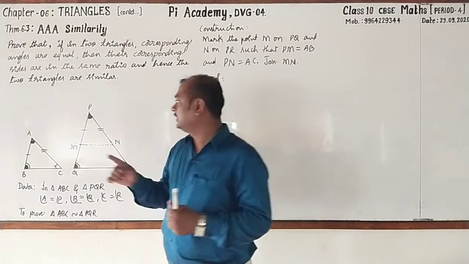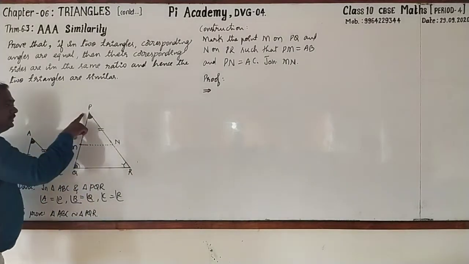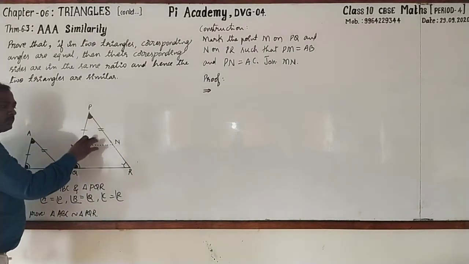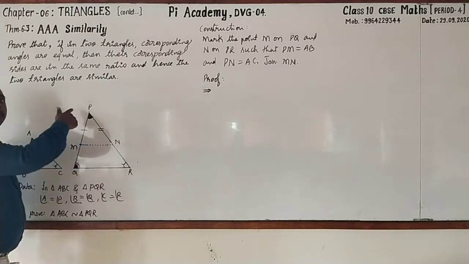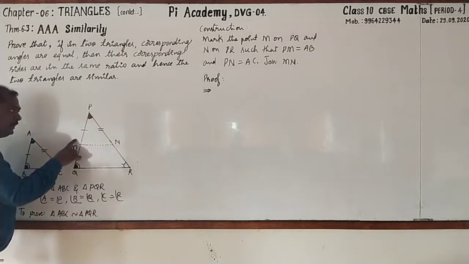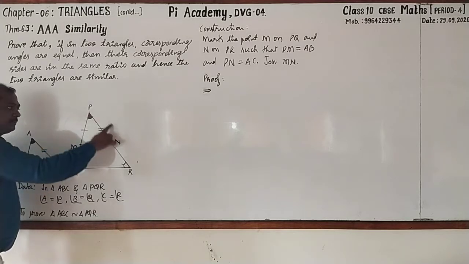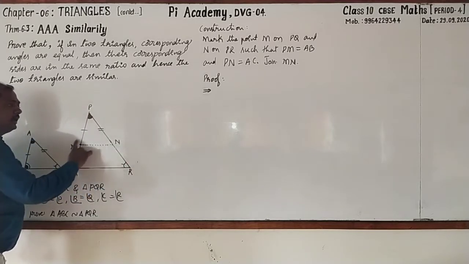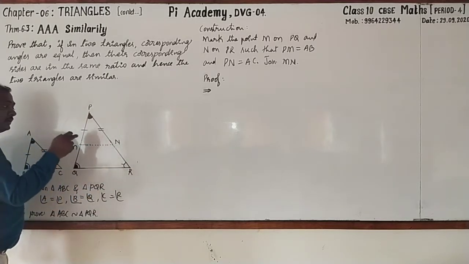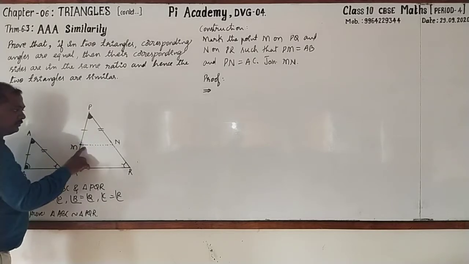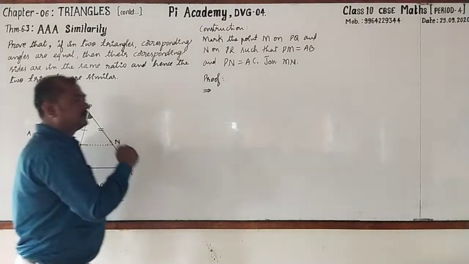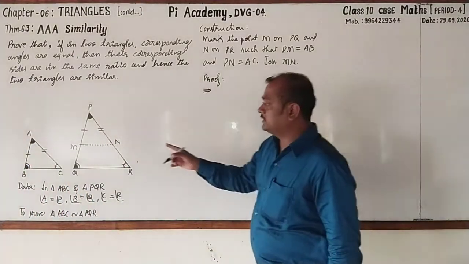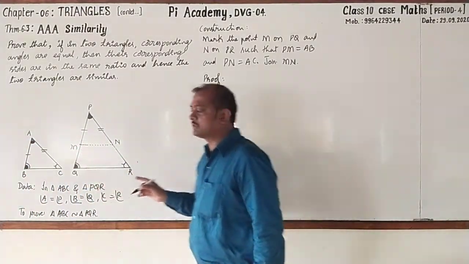Not only that, whatever the new triangle is formed, its sides are proportional to the sides of the main triangle. That is PM by PQ, PN by PR, and MN by QR. So to apply that, we have to prove MN is parallel to QR. Hence, we shall go for proving these two as congruent.